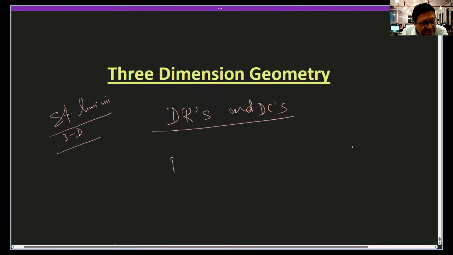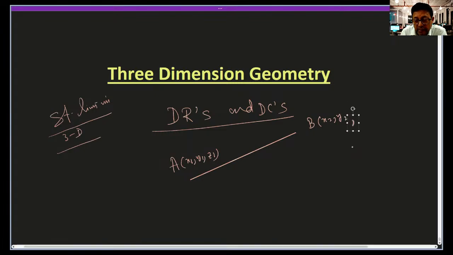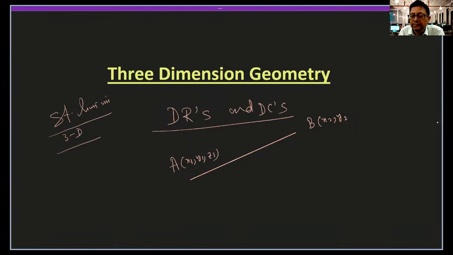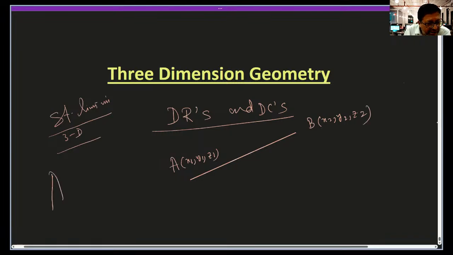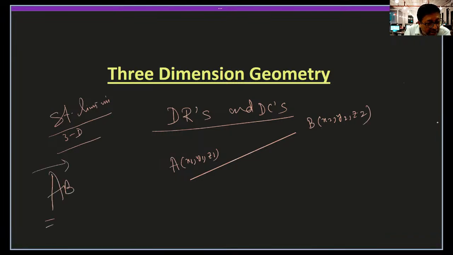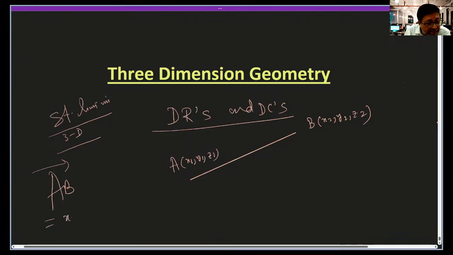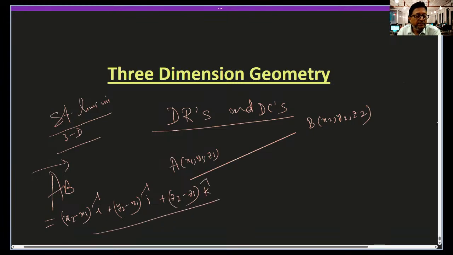Before we start straight line, I must remind you: if there is a line segment joining A and B, with coordinates x1, y1, z1 and x2, y2 and z2, then the vector AB is given by position vector of B minus position vector of A. That is (x2 minus x1) i, (y2 minus y1) j, (z2 minus z1) k. This is AB.